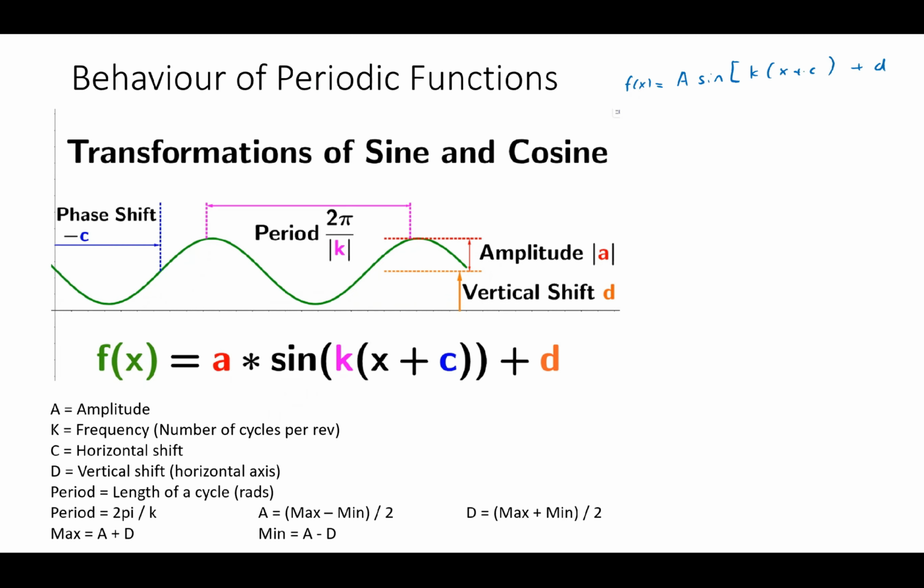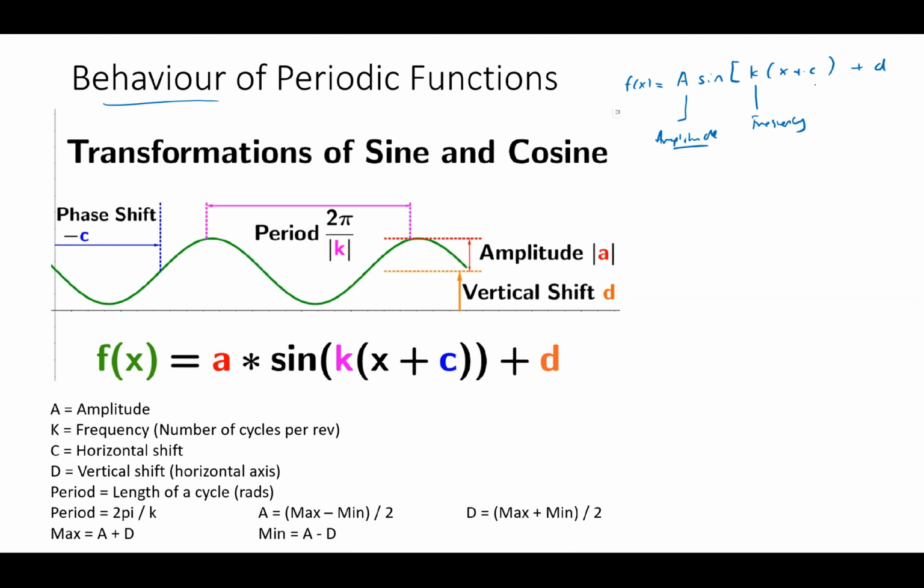Okay, and you can use different letters, guys. I'm just going to stick with these letters. The value a represents the amplitude. Value k represents the frequency. And this is when you're assessing the graph of its behavior. Okay, so this is purely just behavior. We can also use this template for transformations, and I'll show you guys that later on.